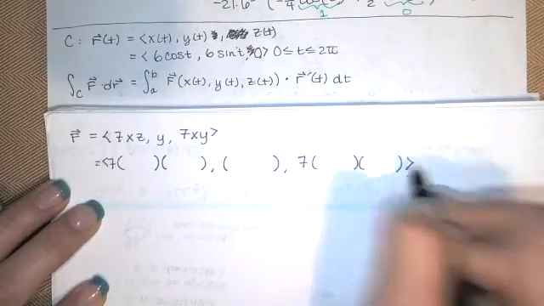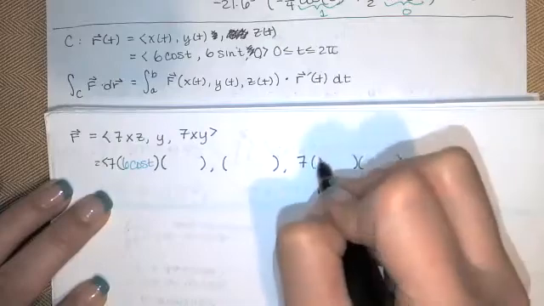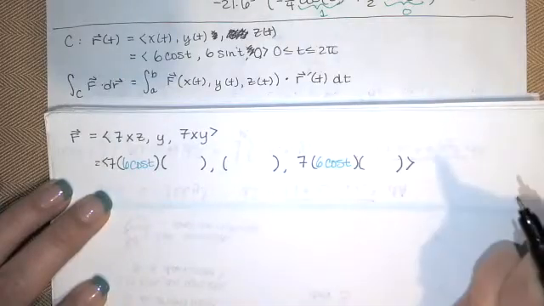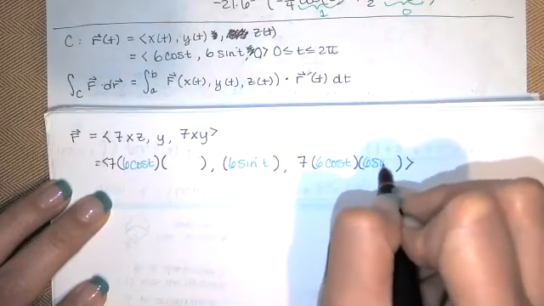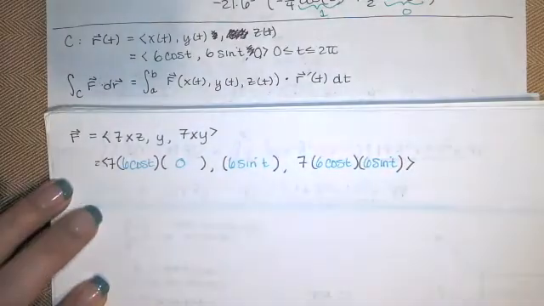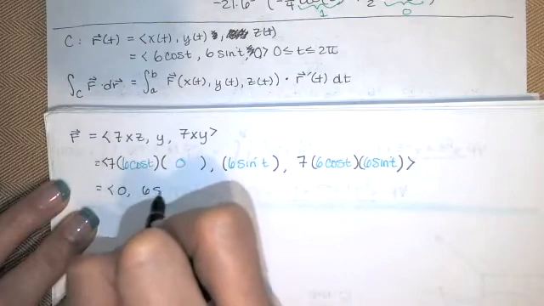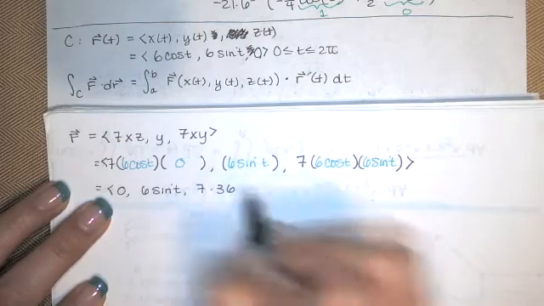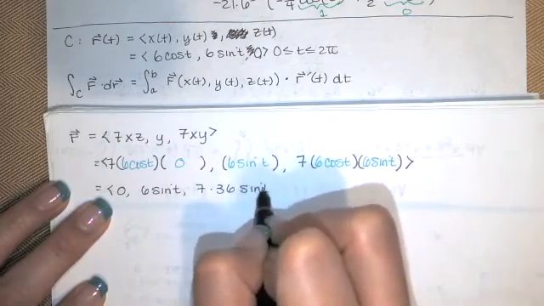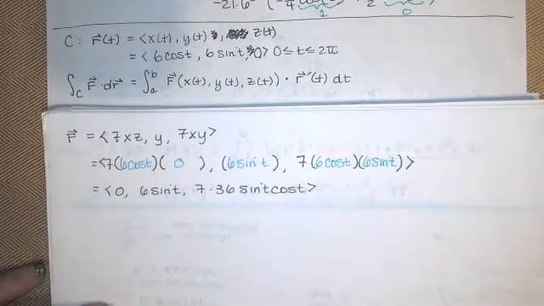So I'm just opening up some parentheses so I can substitute x equals 6 cosine of t, y equals 6 sine of t, z equals 0. So we're going to get 0 times i hat plus 6 sine of t times j hat plus this 7 times 36, whatever that is, times sine of t times cosine of t. And we could simplify further if we wanted to. We'll see if we want to in a bit.